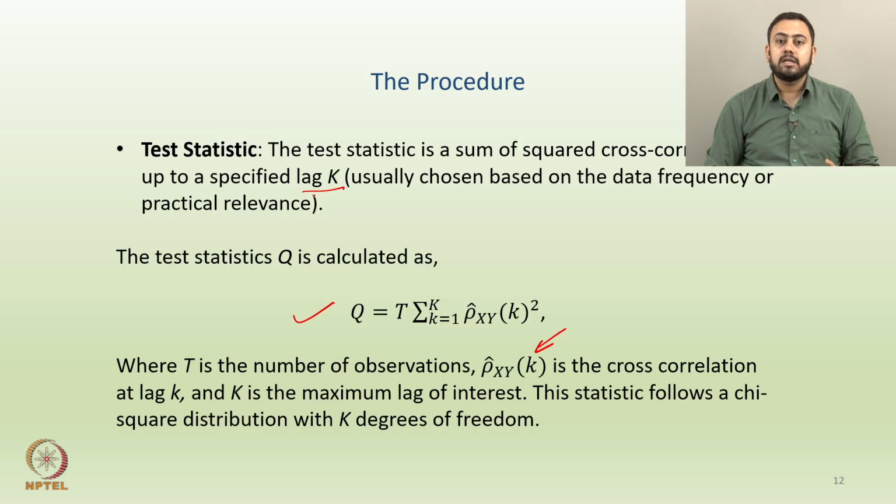It involves the squares of the cross correlations between x and y up to a certain lag capital K. And it turns out that this statistic q follows a chi-square distribution with capital K degrees of freedom.